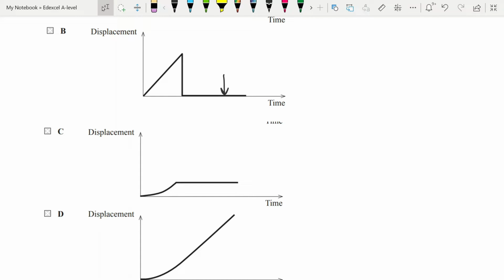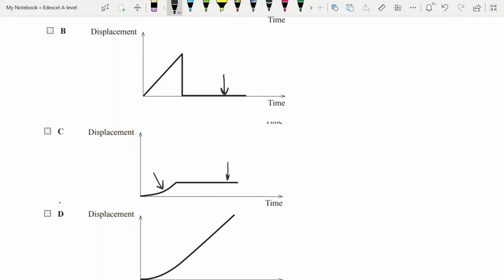Part C has got the first part of it correct in that we're getting a curve, so the amount of displacement that we cover is increasing over time because our velocity is increasing. But the problem is with the second part, and there, again, we've hit a constant displacement, which means our displacement is not increasing even though we're still moving with a constant velocity.